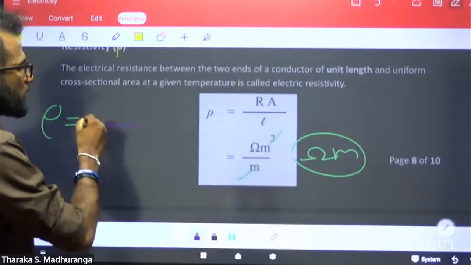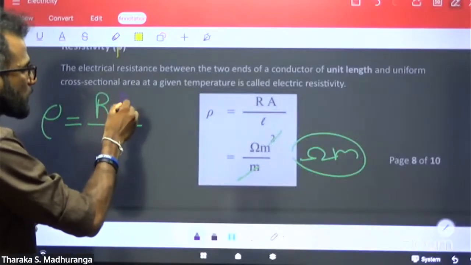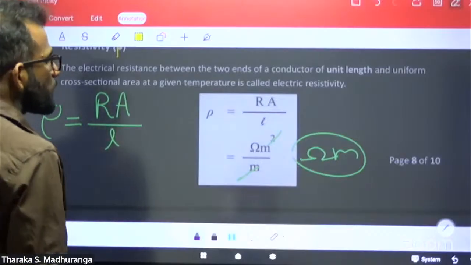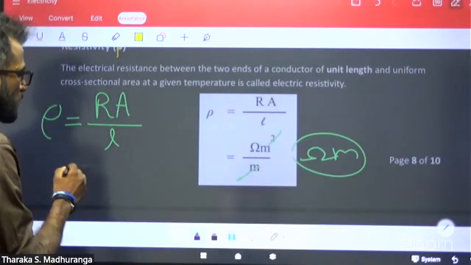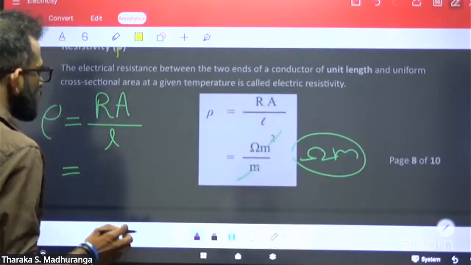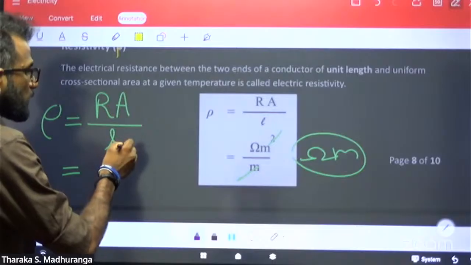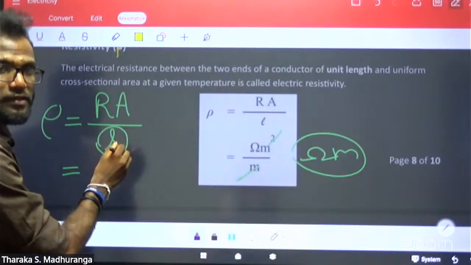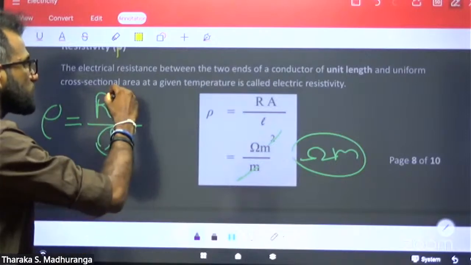Think rho equals RA over L. It is divided by L, that means unit length.